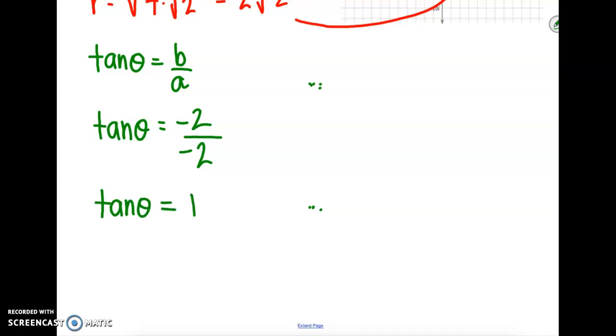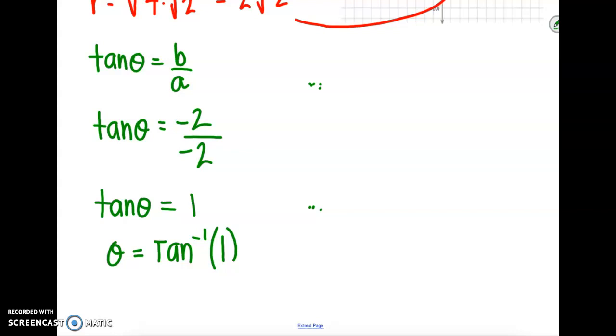All right, now we want to find that angle measure. So we're going to use inverse trig. Theta equals the tangent inverse of 1. Now, you can use your calculator, or we might have that memorized already from Unit 4.